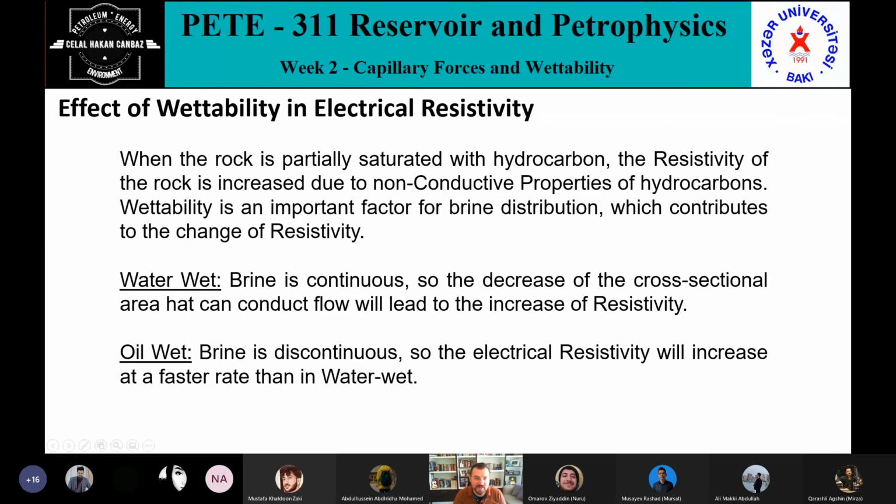When the rock is partially saturated with a hydrocarbon, oil, gas, whatever, the resistivity of the rock is increased due to the non-conductive properties of hydrocarbons. Hydrocarbons are not like water. Water is a very conductive material, right? Your hydrocarbon is not like that.